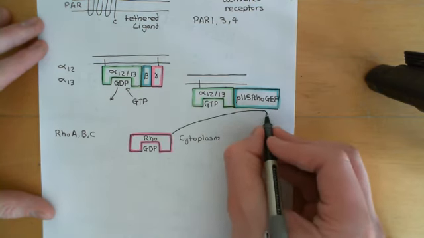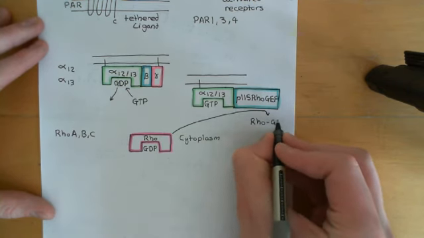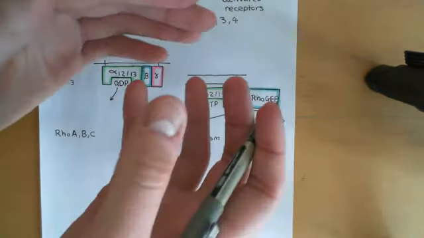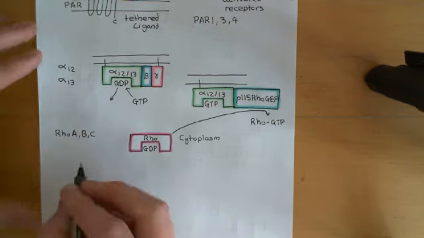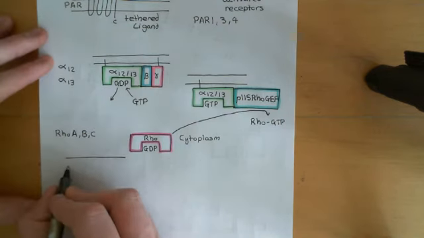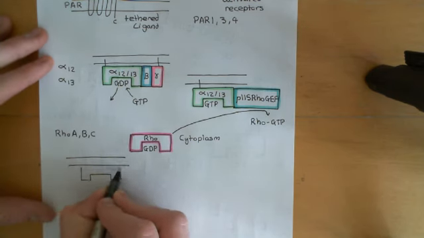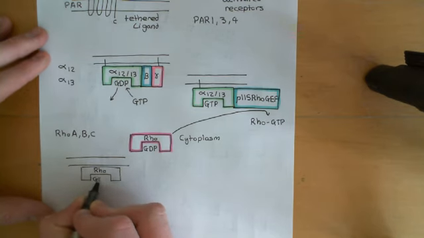So now you're going to get Rho in the on state where it's got GTP bound, and this Rho in the on state with GTP bound is then going to attach to the underside of the phospholipid bilayer. Let me just show this. So here we have our Rho in the on state with GTP bound.